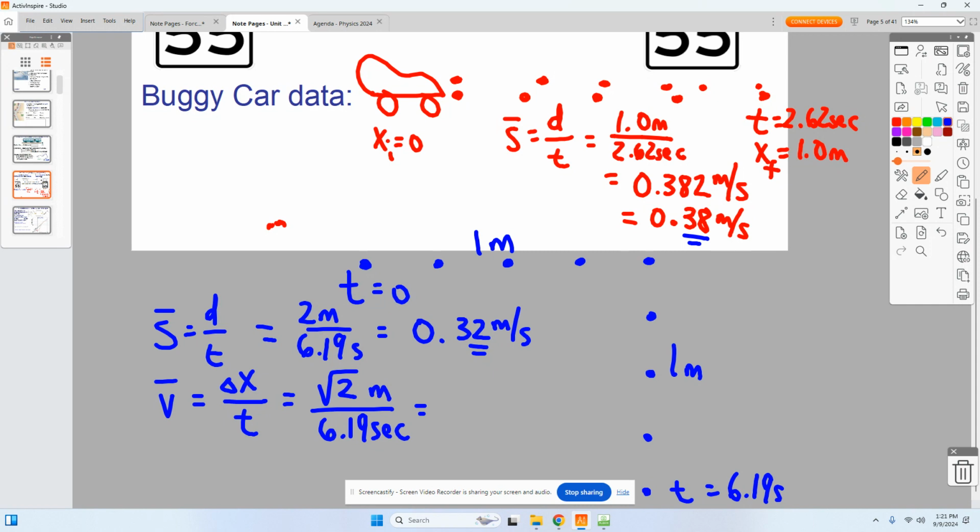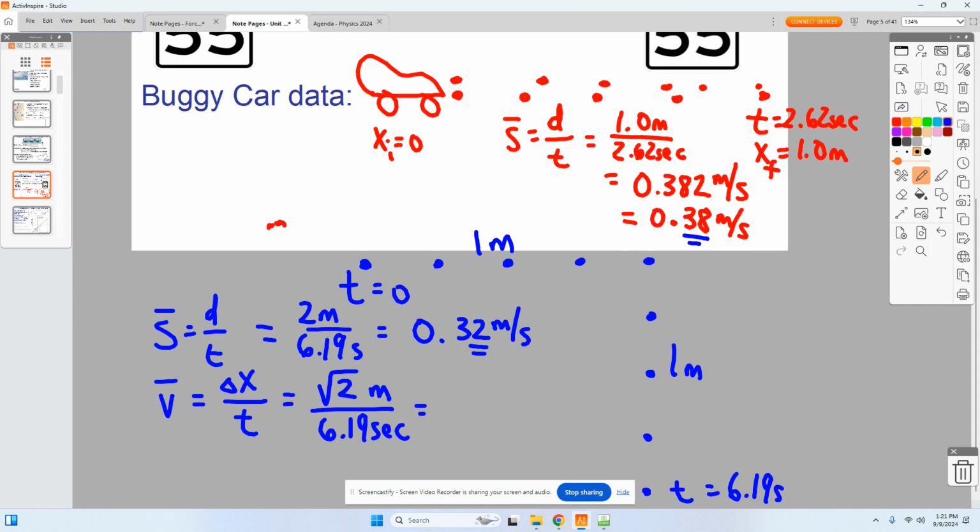Would you agree that those legs are right angles to each other? That distance, you can sort of see that. If the car started there, the car ended here. The total along that would be the Pythagorean theorem. That's 1 squared plus 1 squared is equal to c squared. So it would be a squared plus b squared is equal to c squared.